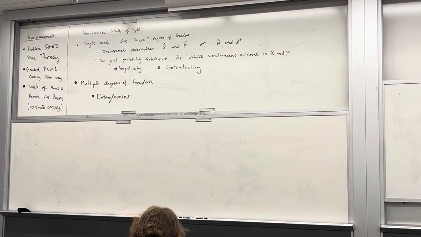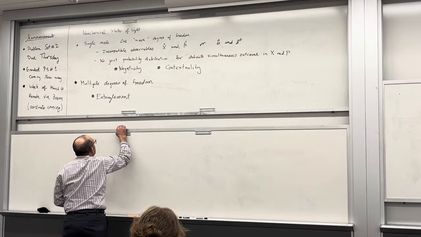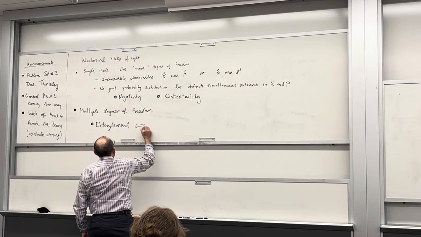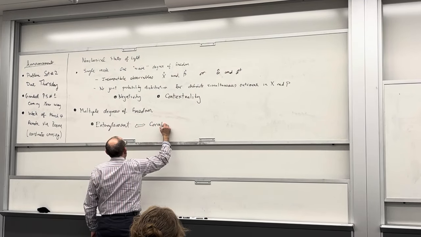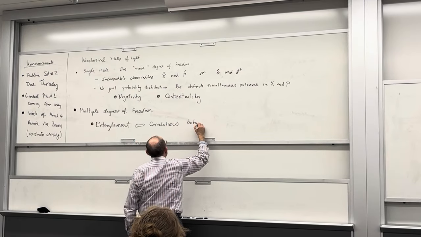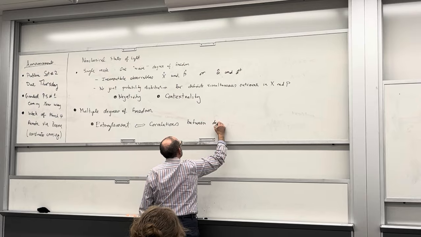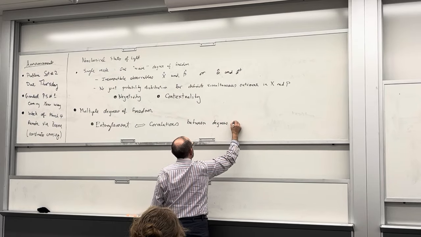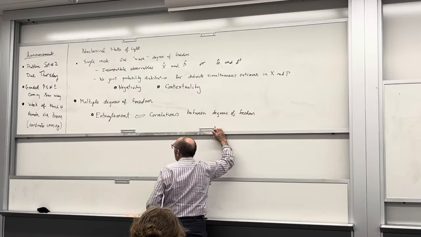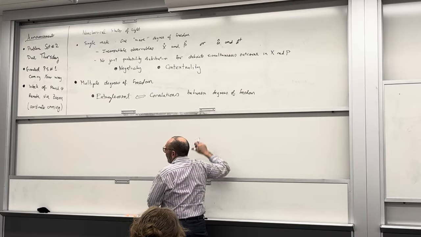So let's just talk about how entanglement is related to the question of correlations. Are the measurement outcomes correlated or are they not?